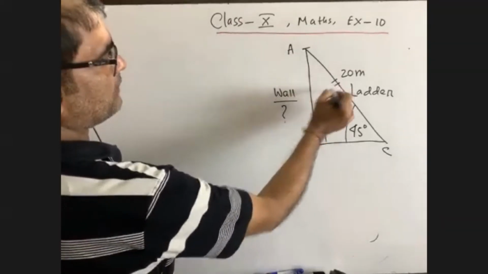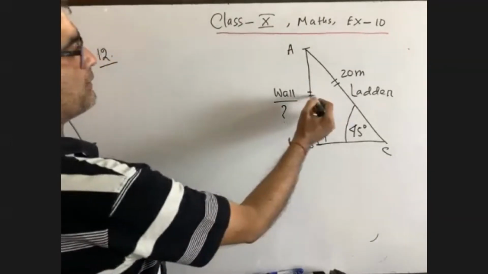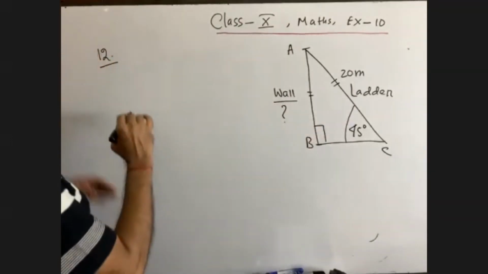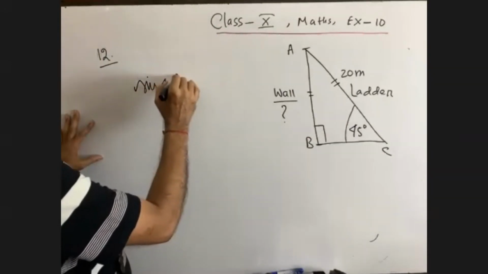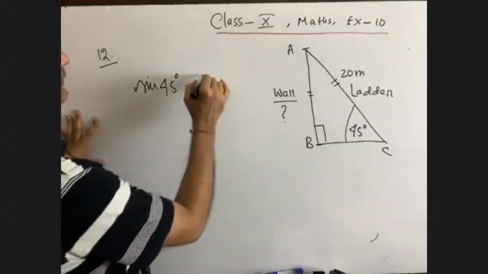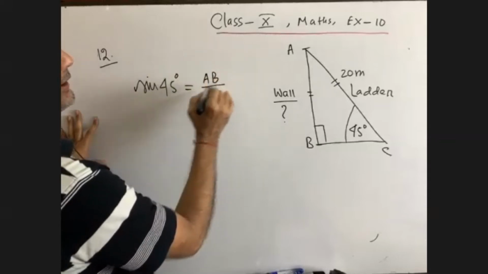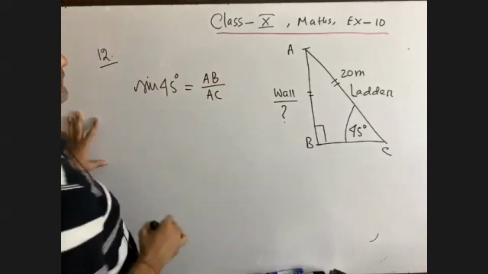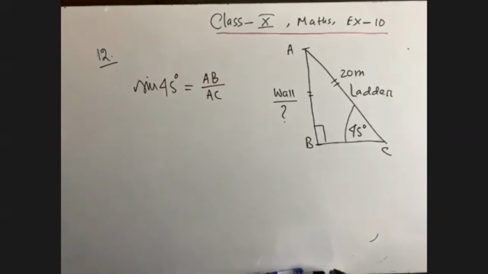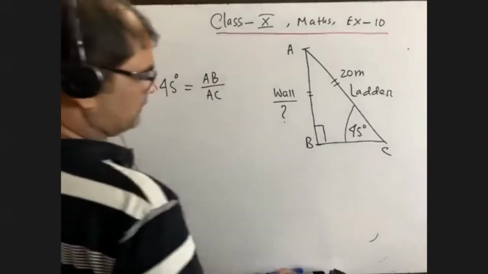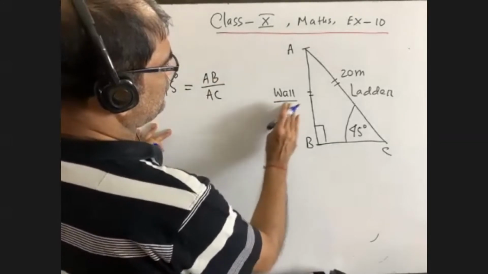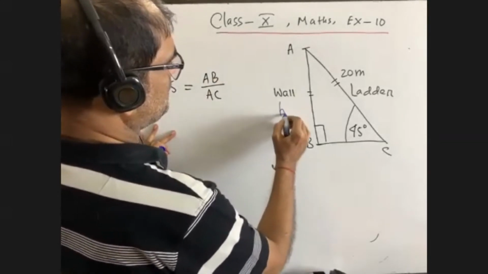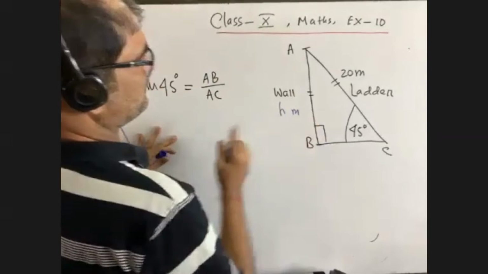We are given the hypotenuse. We have to find the perpendicular. So formula is sine theta, right? So sine 45 degree is equal to AB by AC. Very good. So we can consider AB as H meter.